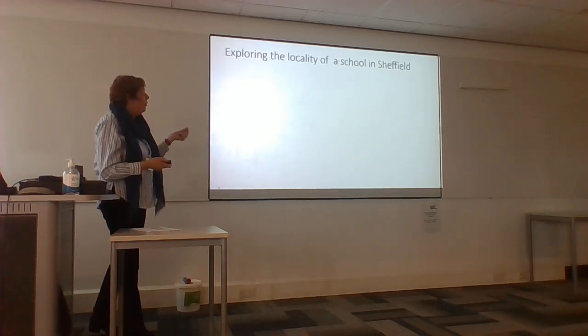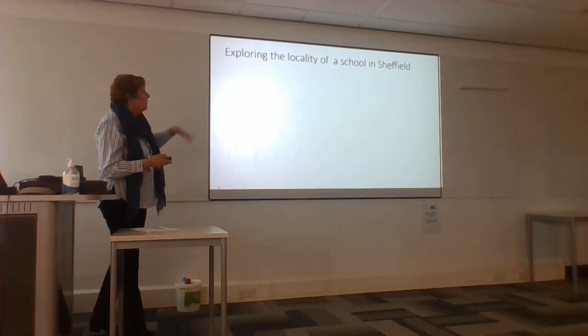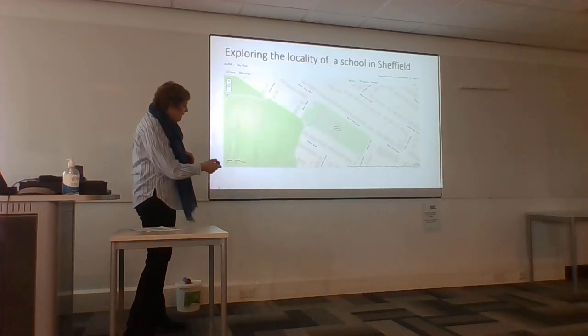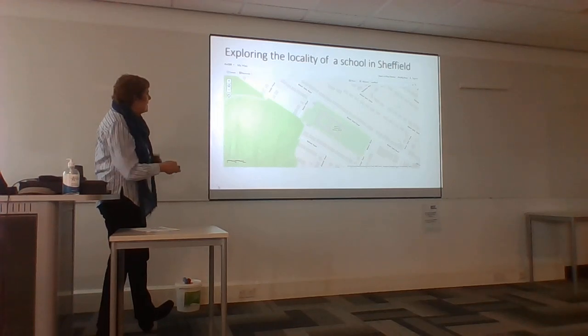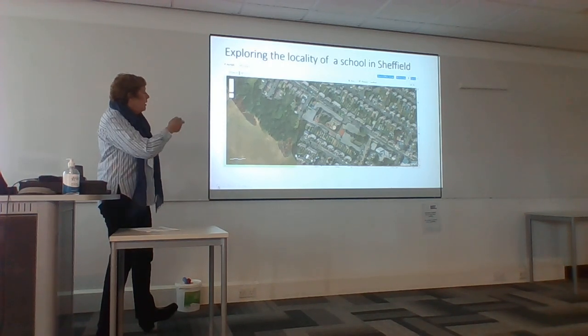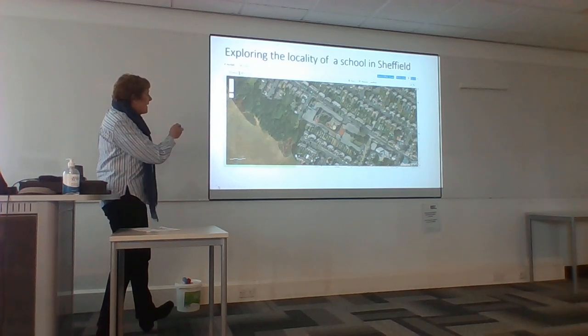This is a school in Sheffield with various layers around that school. So we've got the school in the middle there. Things not working. There it is. Same view, an aerial view. Looking at the similarities, looking at the features, looking at the differences.